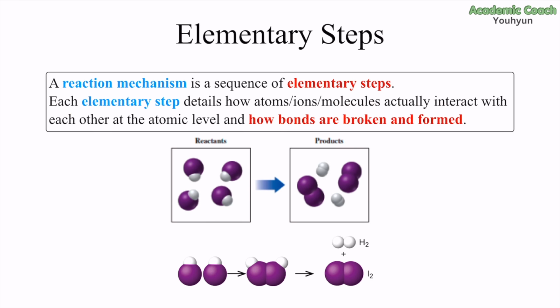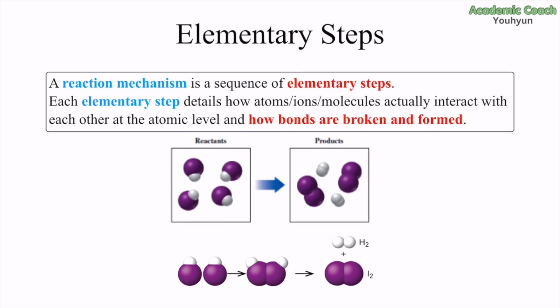So, in chemistry, each of those elementary steps shows how atoms or ions or molecules interact with each other or collide with each other at the atomic level. And that's really important because that's basically how bonds are broken and formed. And we know that for a chemical reaction, old bonds are broken and new bonds are formed.